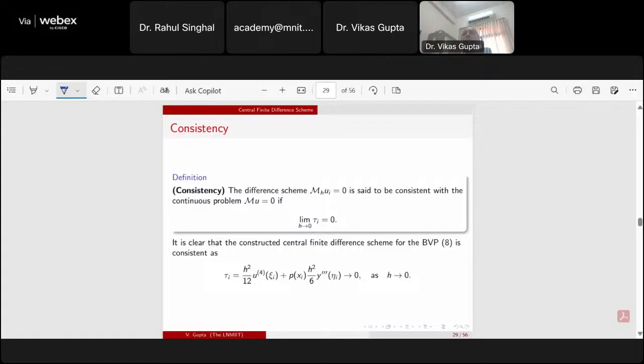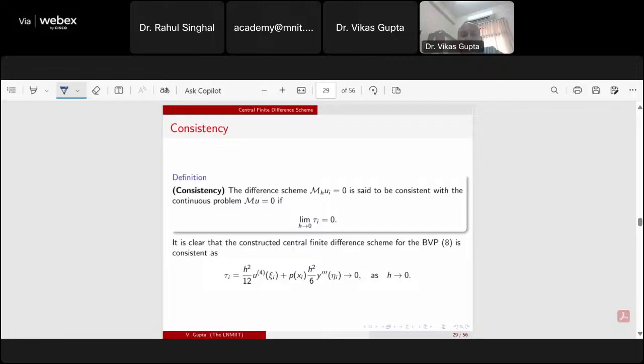That is, if the mesh is getting refined, finer and finer, then it means that the difference operator approaches the differential operator. That is, the difference operator is consistent with the differential operator as h approaches 0.